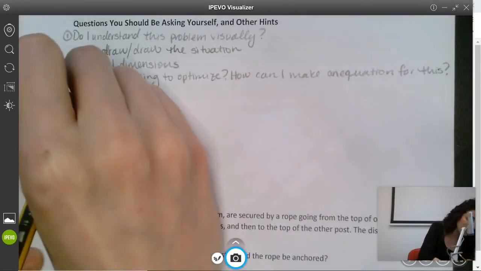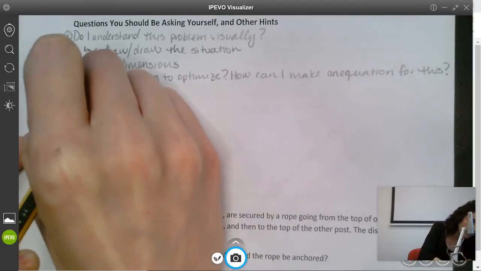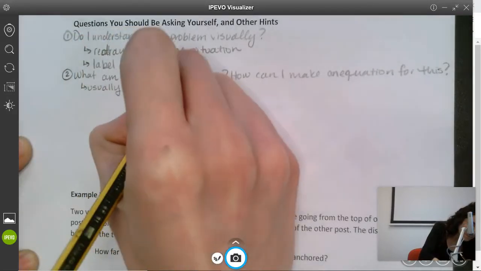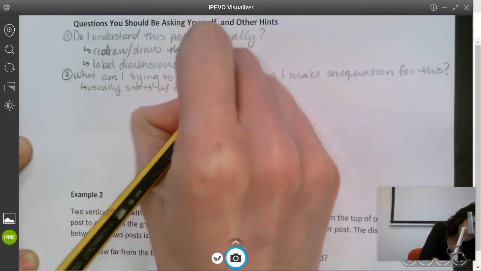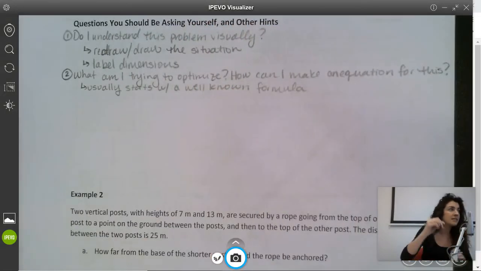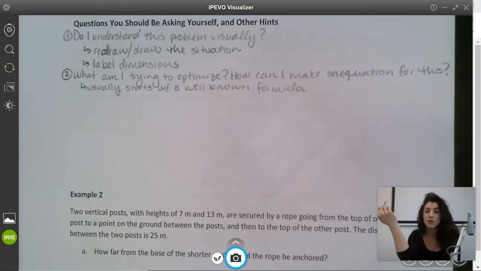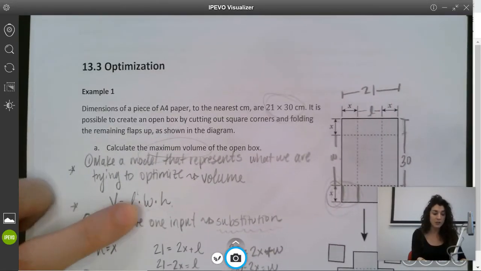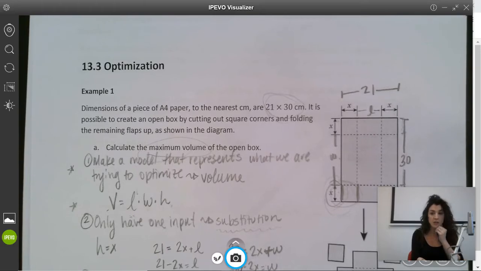So it usually starts with a well-known formula. Even if it is just speed equals distance over time, right? You have a generic formula that you've written at the very top, and now you can have this idea of, okay, I don't want length, I don't want width, I don't want height, I want it to all be in terms of x.